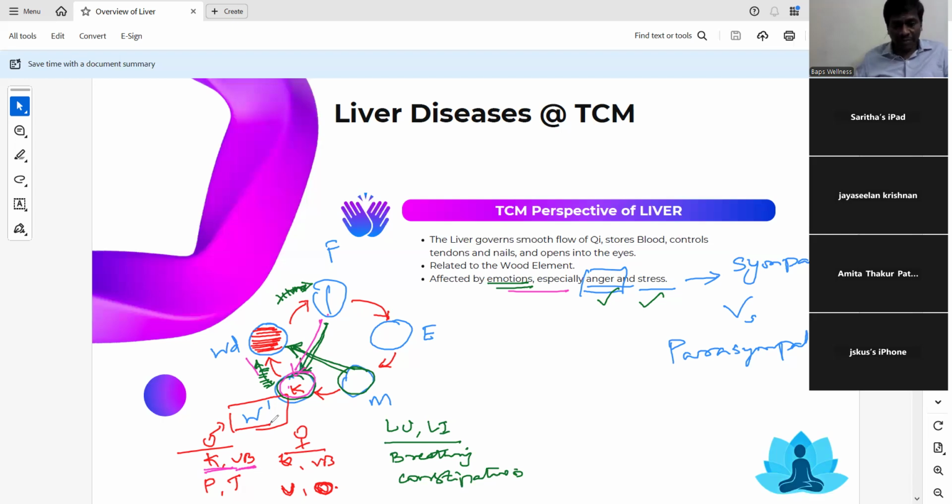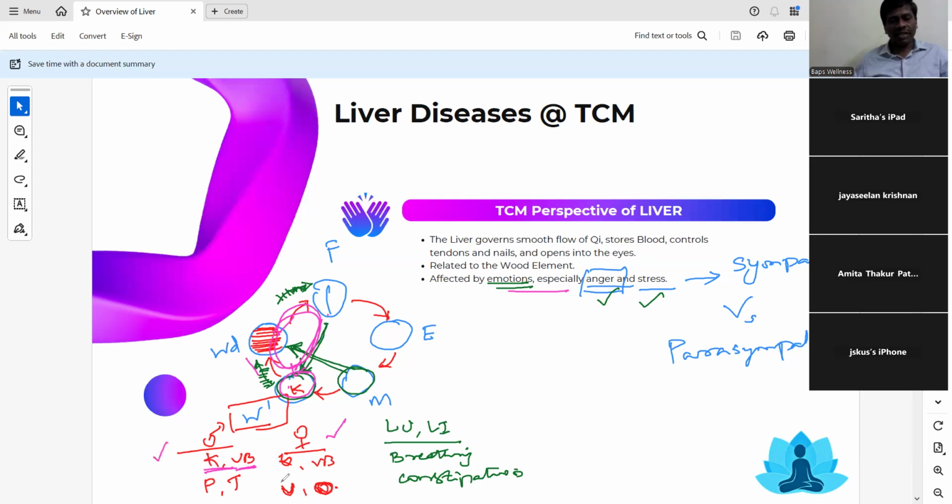All those things can be associated with this. So we will have to check when we are making the protocol. Accordingly, we need to make the protocol. There is no one point where you just put these points and it's over. Even with the same vicious cycle of these three, the female persons have to be addressed separately, and for male the approach will be different.